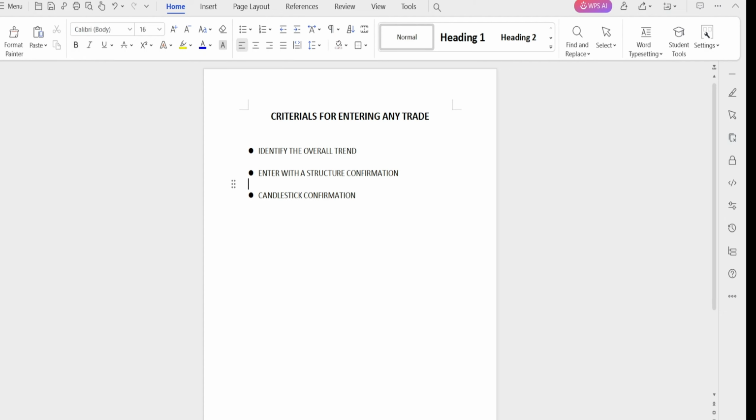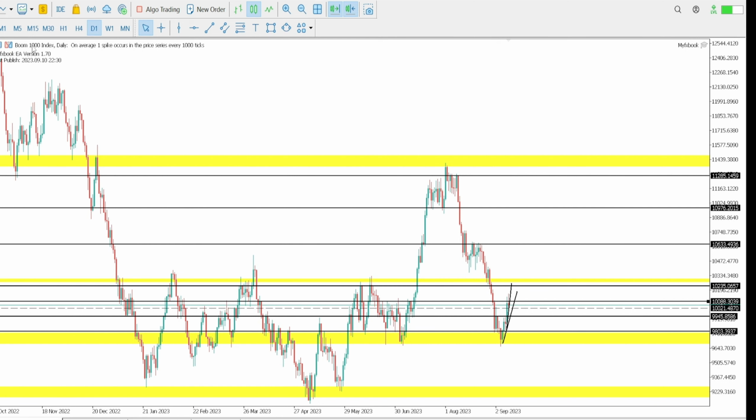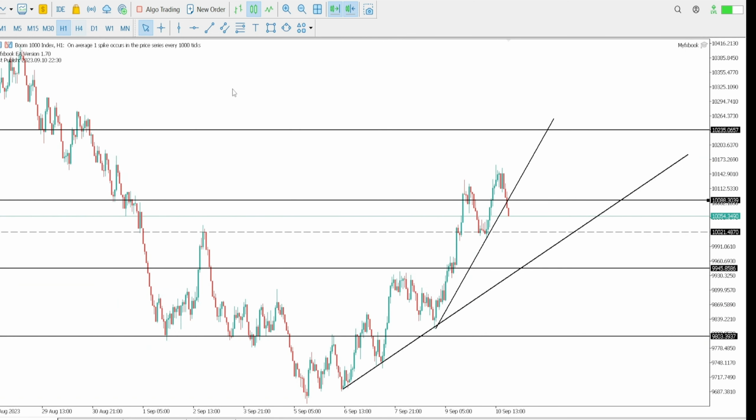Lastly on this list is candlestick confirmation. Now this goes down to your entry, the time frame you use for entry. Now I dropped the signal the moment this market engulfed here, okay, a little bit before it engulfed due to other criteria in it. Like I said, if you want to know more details about the entries, you can register for the private mentorship program and I will teach you this.